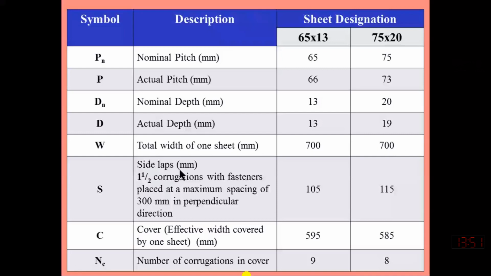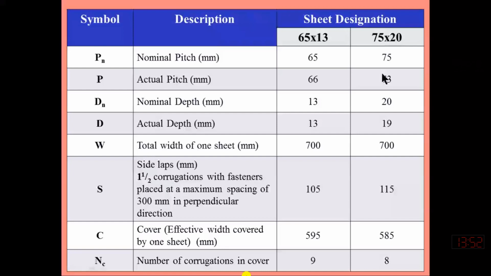So this side lap is equal to 1.5 times the pitch, or 1.5 times the corrugation. 66 multiplied by 1.5, the answer is around 105. Similarly, 73 multiplied by 1.5, if we round to a multiple of 5 millimeter, the answer is around 115.